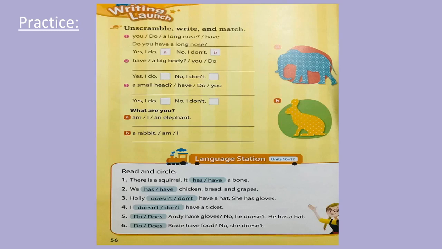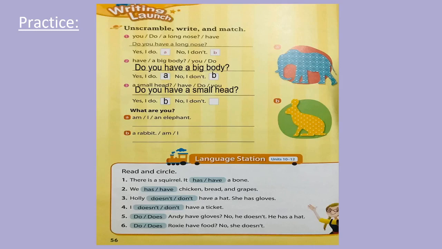So number 2, do you have a big body? Yes, I do is letter A. No, I don't is letter B, right? And number 3, we need to arrange the sentence correctly: do you have a small head? So yes, I do is letter B. Very good. It focuses on the rabbit, right?